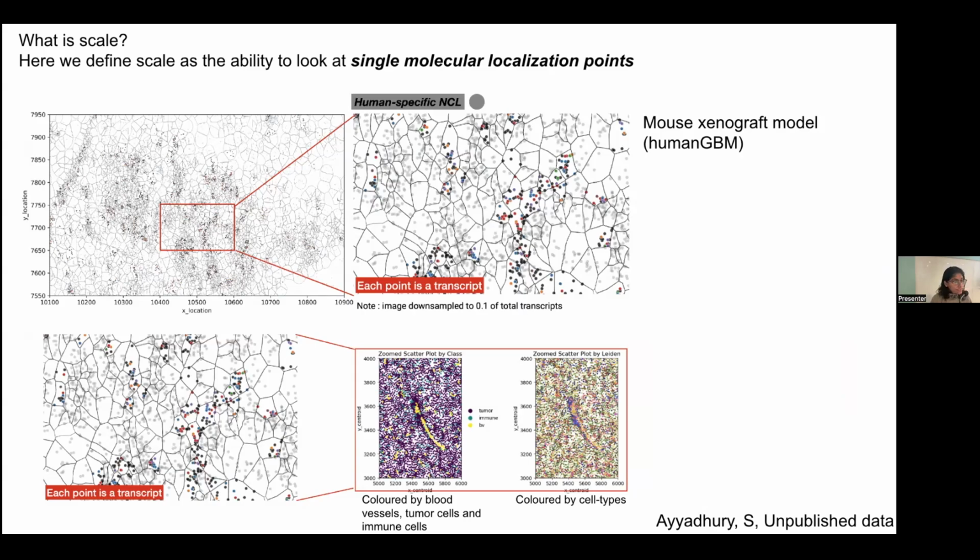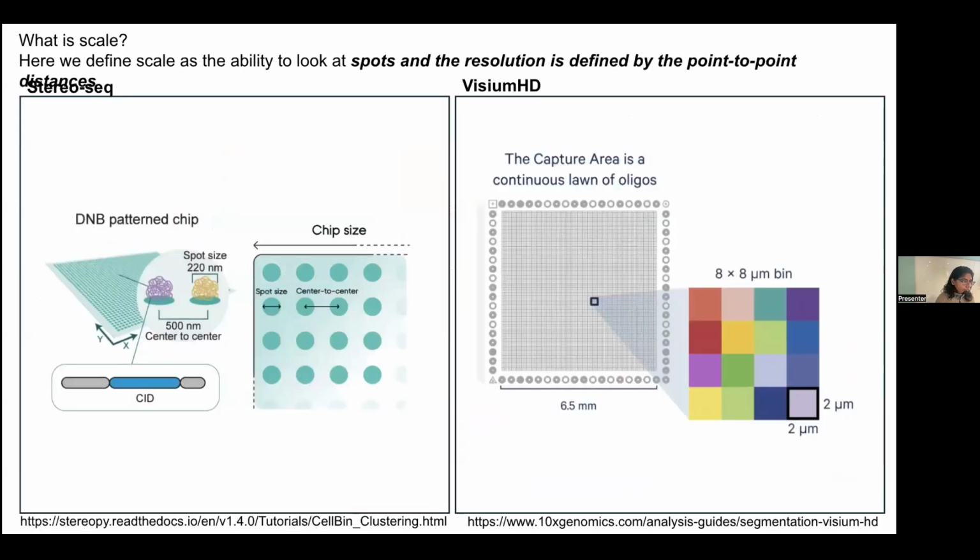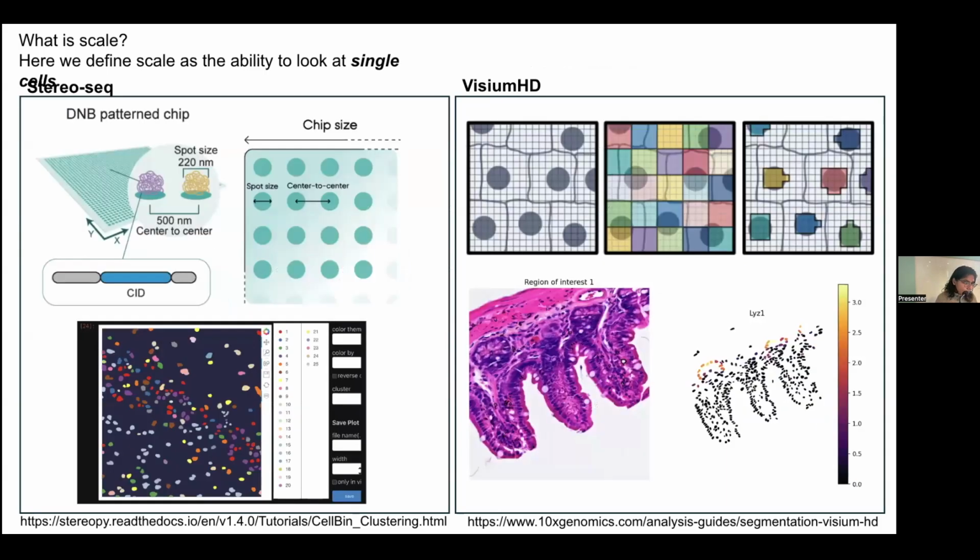So in this case, what is my scale? Here I have a bigger scale. My scale is either the size of my bins, or the size of the smallest unit of measure. In this case, my scale becomes the size of the cell that I have derived from any one of these segmentation methods or pipelines.